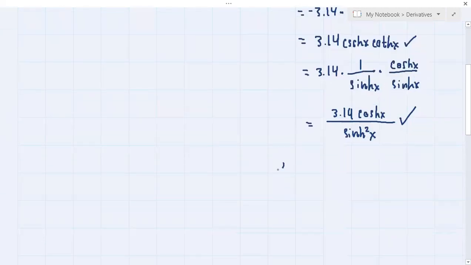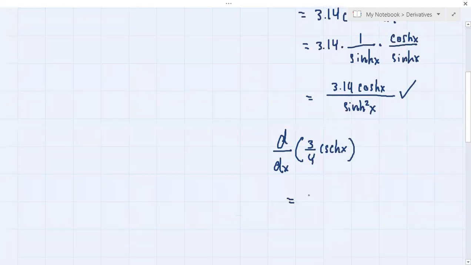Now, one more example. Let's just say you're asked to get the derivative of, sabihin nating 3/4 of cosecant hx. Alright? 3/4 of cosecant hx. So this one, we will have 3/4 times the derivative of cosecant hx.